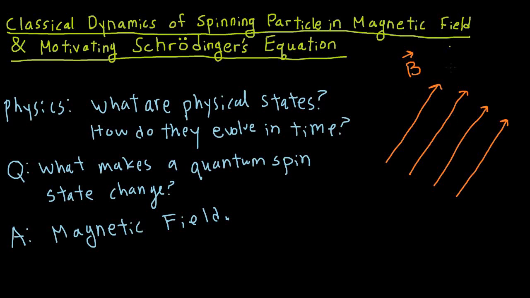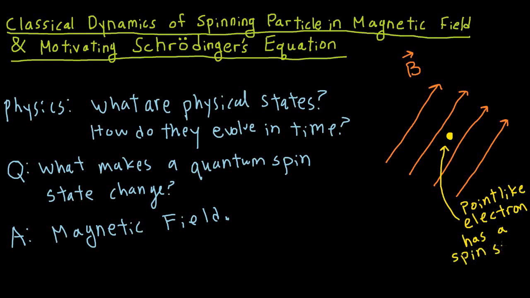Then in this magnetic field, there is a point-like electron which has a spin state of psi.